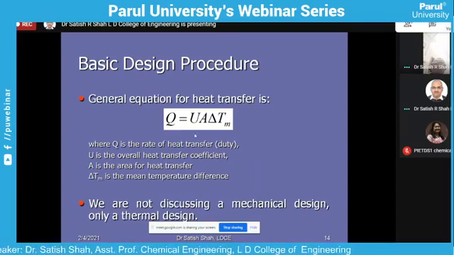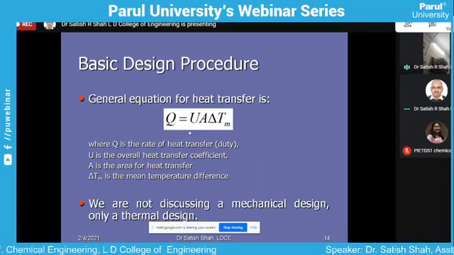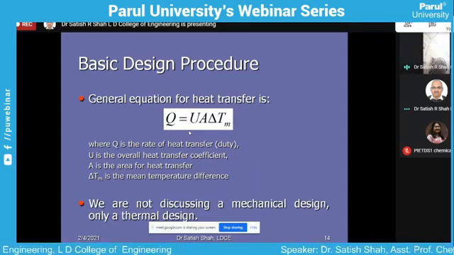Now, you will calculate U also. For calculation of U, what you have to do, we'll discuss in the next slide. Before that, I'll tell you, you can calculate the LMTD also, that is the log mean temperature difference.